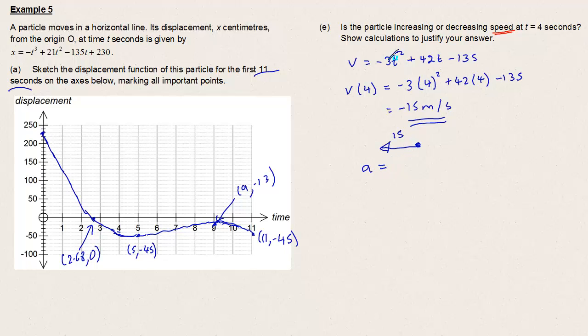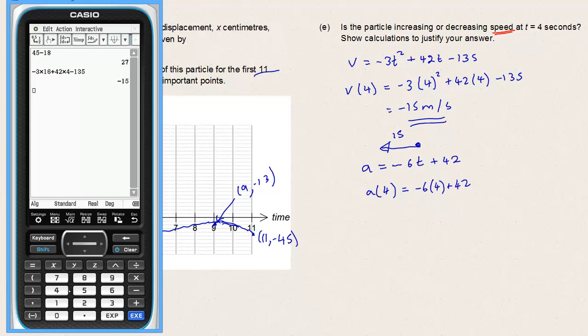To get acceleration, we'll differentiate this. So that's going to be -6t + 42. So a(4) is going to be -6 times 4, add 42.